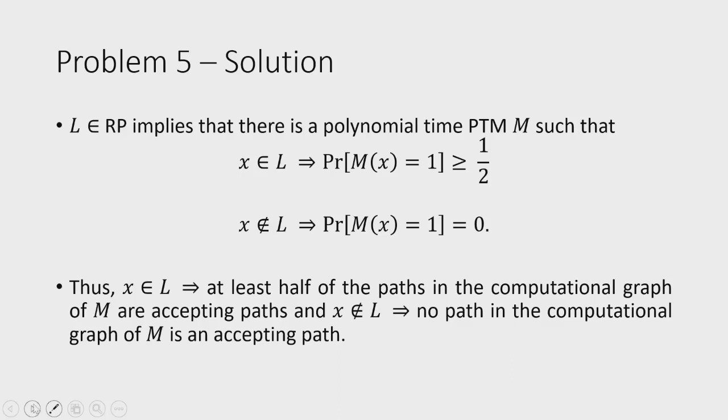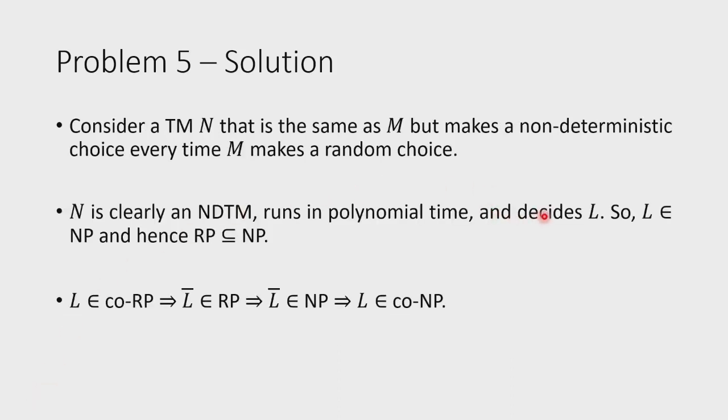So the claim that N decides L is correct, because for NP we require only one path. Right over here we have many more paths, but we don't care. We just need one. So L is in NP, and since this is true for any language L in RP, RP is in NP.